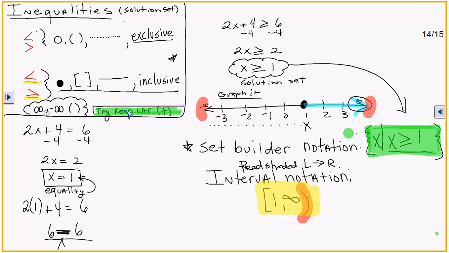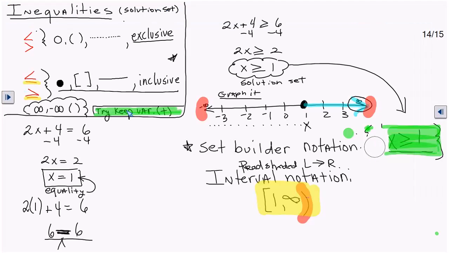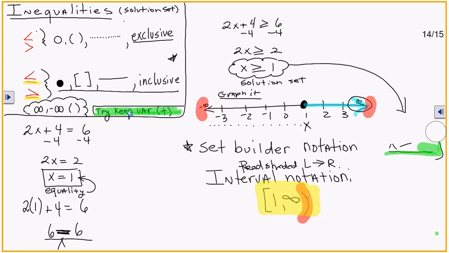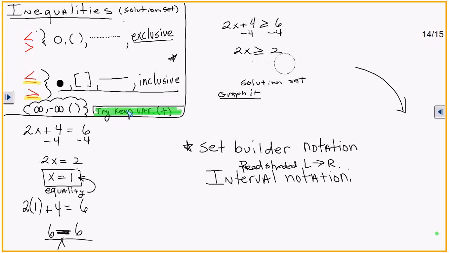And that's how you do inequalities. So we're going to do another one. And I'm just going to erase the answer here. I'm going to erase that, and erase that.